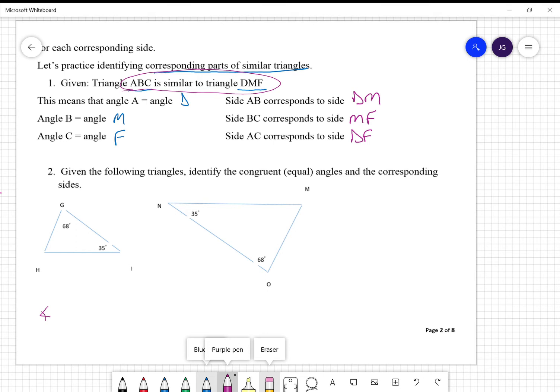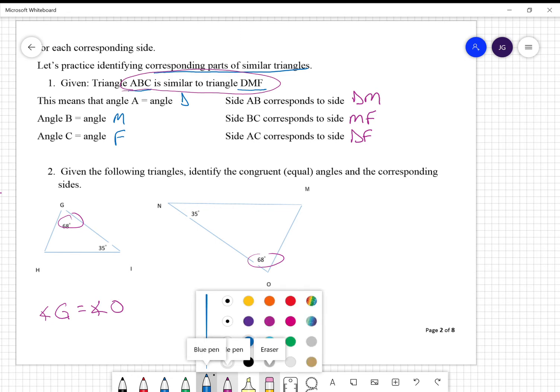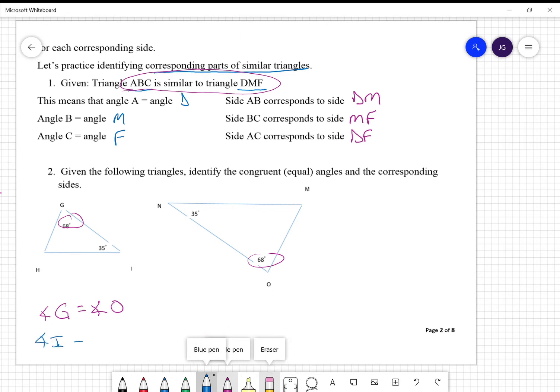Angle G equals angle O. Angle I equals angle N, which means angle H has to equal angle M. And we can figure out what that measure would be because of that 180 rule.